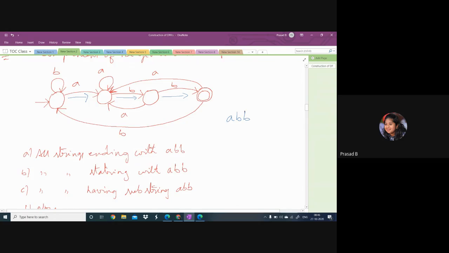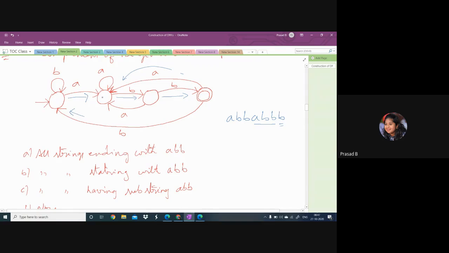So how can we analyze this? Suppose after reaching the final, what can come? A or B comes. Suppose A comes, then it goes to this state, and from here to come to final again BB. So it looks like the machine accepts strings ending with ABB. Let us check. In the final state, if B comes, it goes to the initial state.